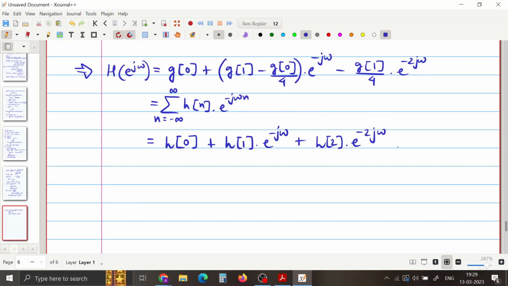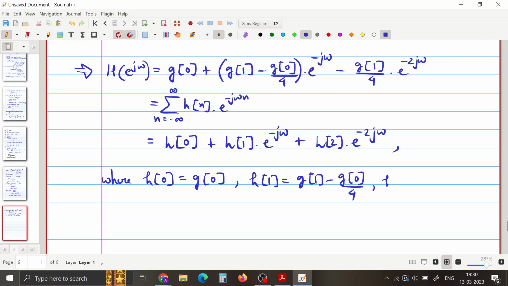And of course, if you compare, h of 0 is equal to g of 0, h of 1 is equal to g of 1 minus g of 0 by 4, and h of 2 is equal to minus g of 1 by 4.